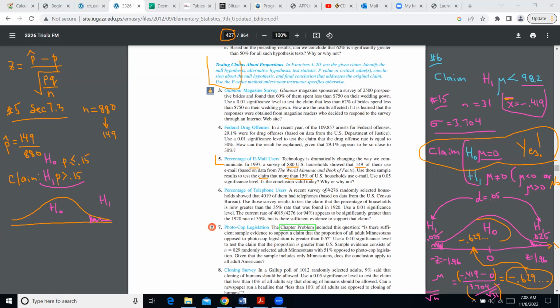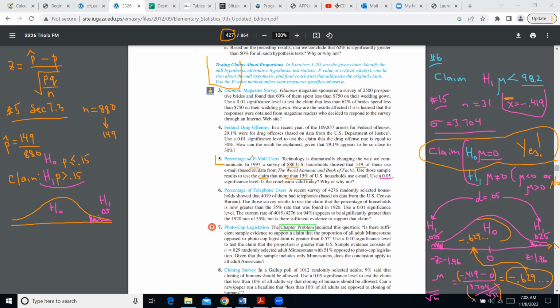And there is one more piece of data here. They say use 5% for the level of significance. So the area of this region will be 0.05, 5%.